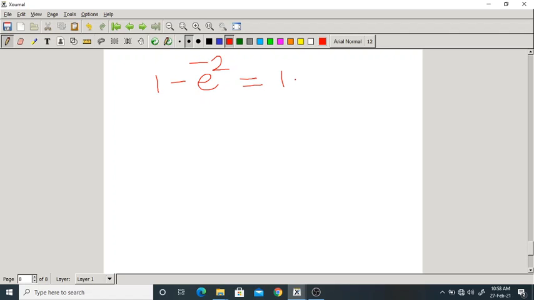Otherwise you can write 1 minus 1 by e square. So this is the final probability. Okay, you calculate what this is exactly later. Clear?